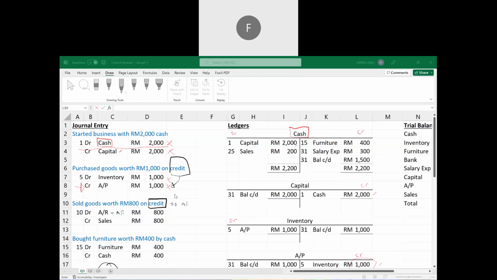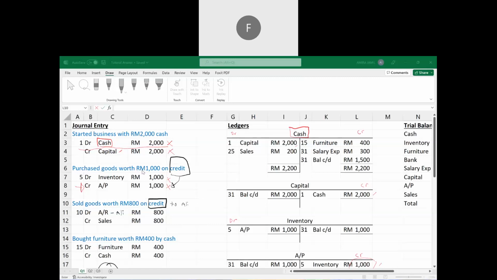Okay, purchase. In the purchase, do you understand why debit inventory and credit account payable? When we purchase goods, we get inventory. Inventory comes into the business, and we buy on credit, meaning we buy on debt. That's why we debit inventory and credit account payable. How do you record it?